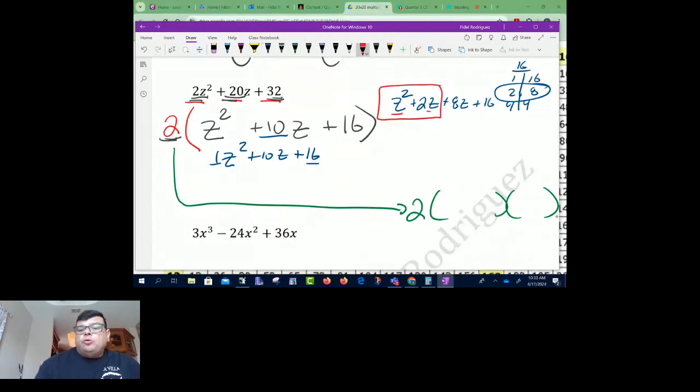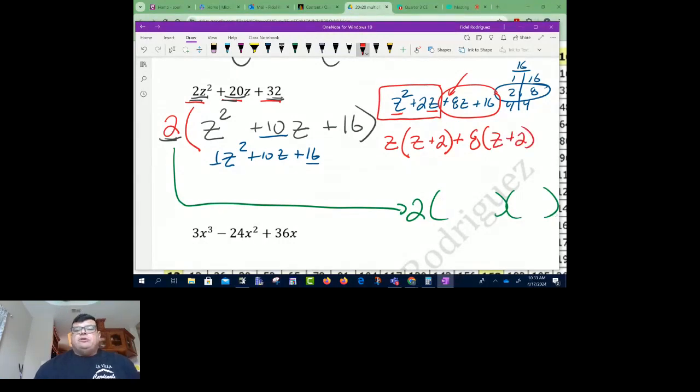Okay. Right here, we can take out that letter z. We're left with a z plus 2. Over here, that's a plus, so I'm going to put a plus. We can take out the number 8, and that's a z plus 2. And we can say, hey, we did this right because those pieces match up. So here is my z plus 2. Let me fix that.